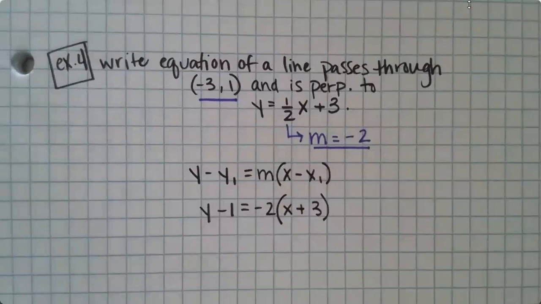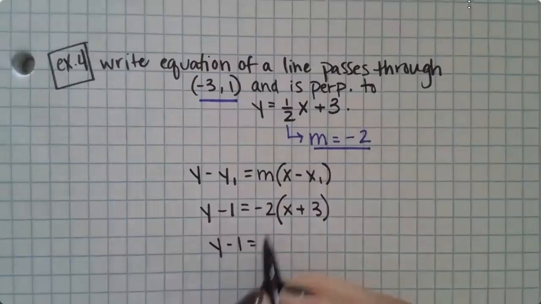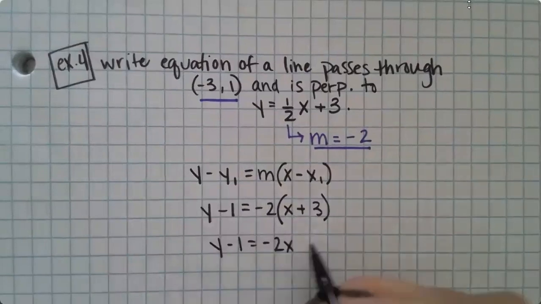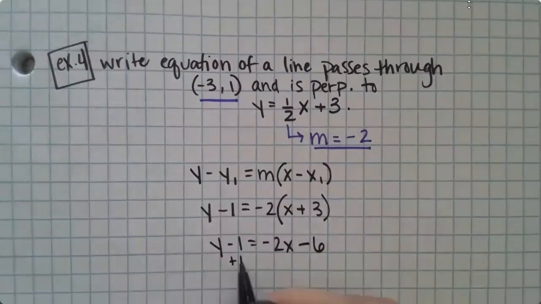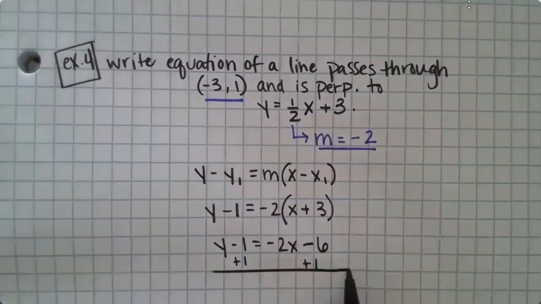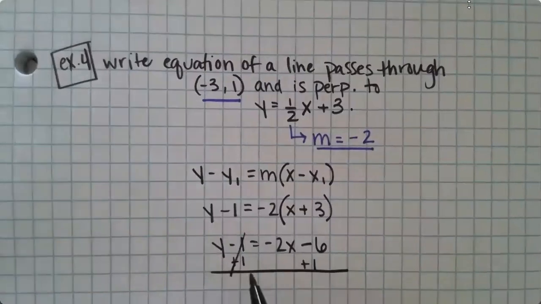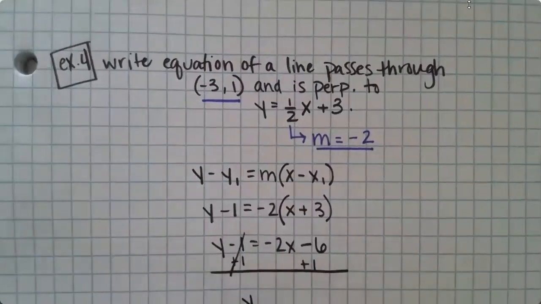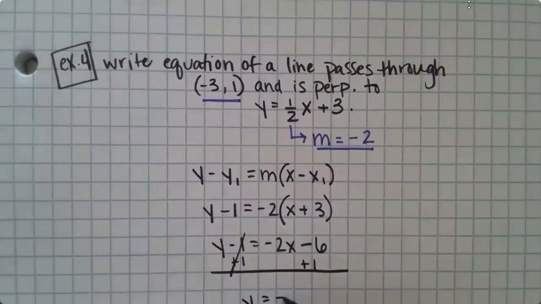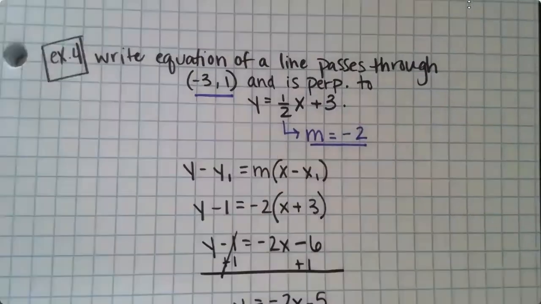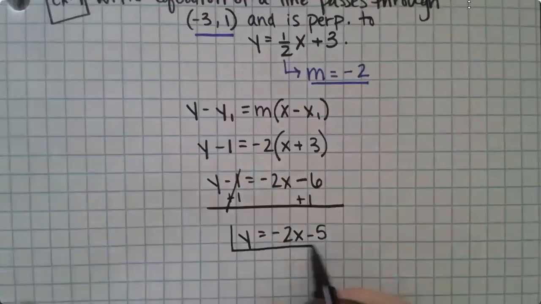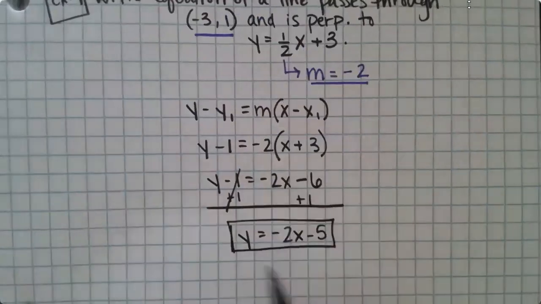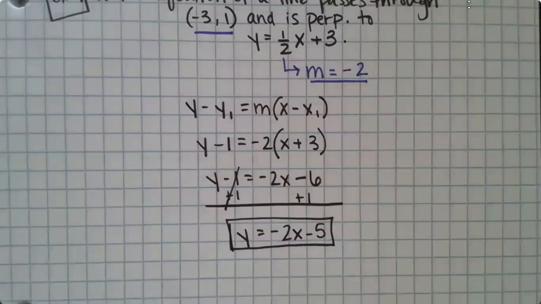Then I'll distribute, -2x minus 6, and bring over this 1. So -2x minus 5. Oops, sorry. So the equation of my new line is y equals -2x minus 5.